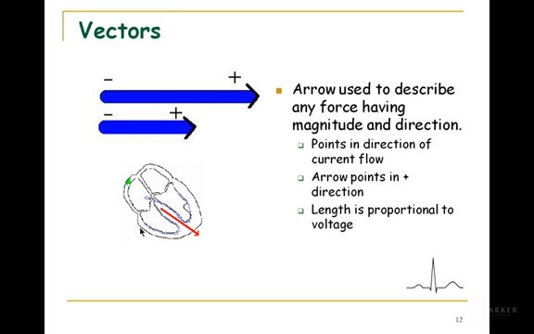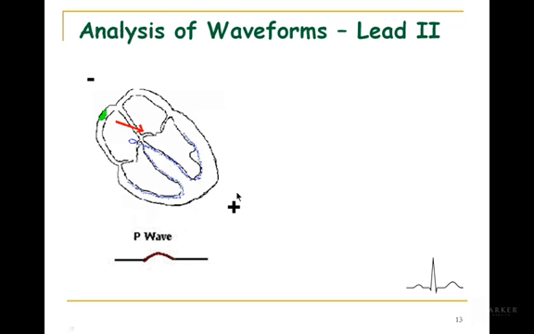Okay, so let's look at the P wave, and what you'd see in a lead 2, because lead 2 always gives you the best looking waveforms. So, the vector associated with the atria is showing you the average direction of current flow within the atria.